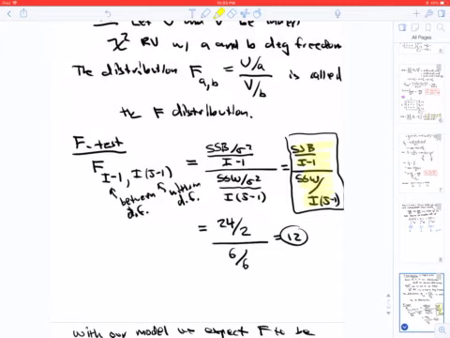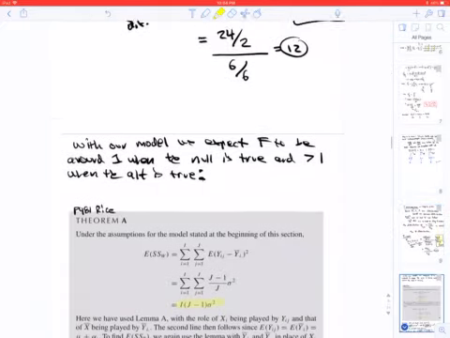We can write F as SSB over sigma squared, which is chi-squared, divided by I minus 1 degrees of freedom. And SSW over sigma squared is chi-squared with ij minus 1 degrees of freedom. So there you go, and you can calculate this to be 12.